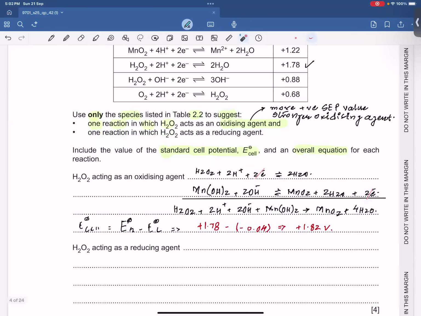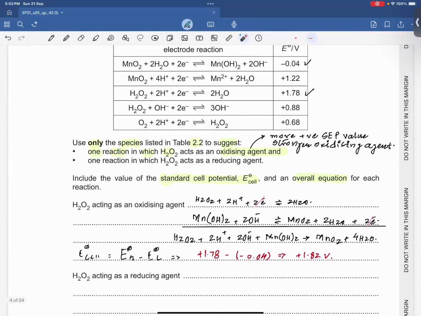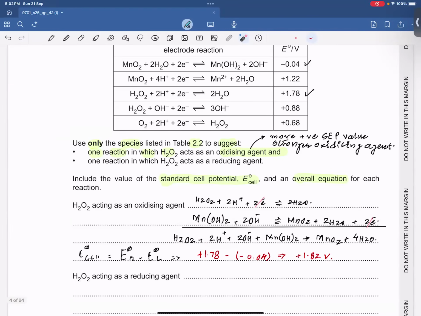Now in this, H2O2 is an oxidizing agent because it oxidizes Mn2 plus and is converted into Mn4 plus. That's the whole scenario. The one with the less positive value is acting as a reducing agent.